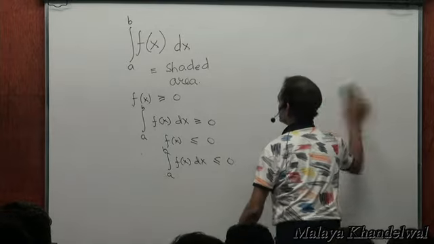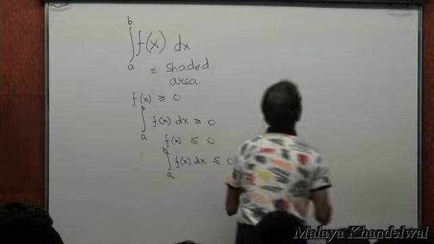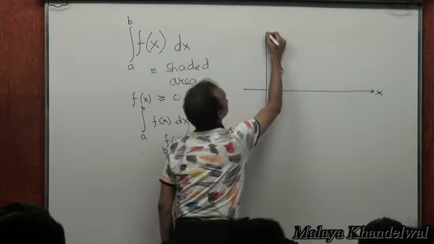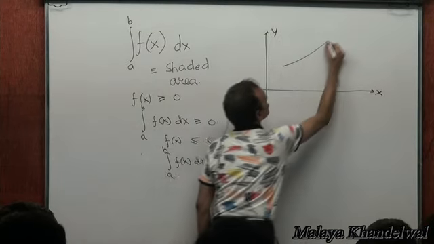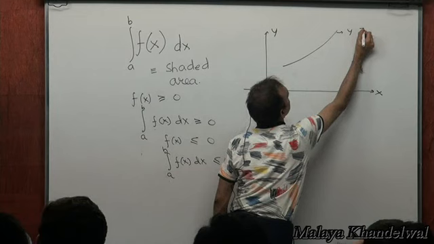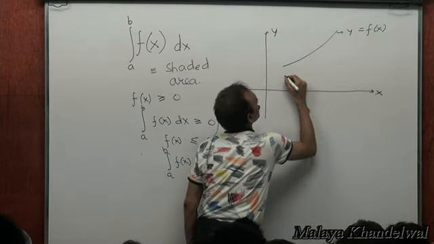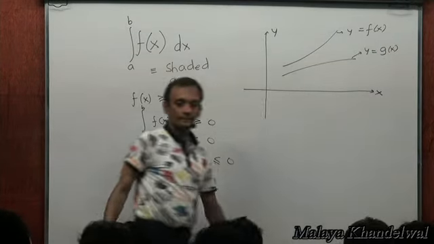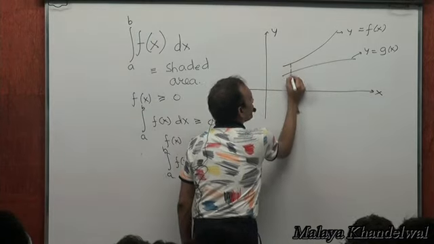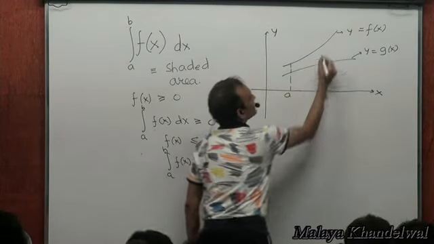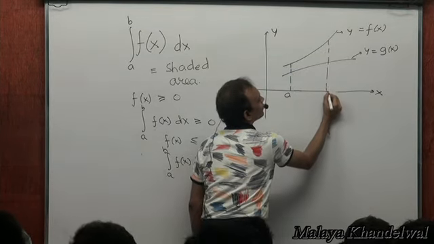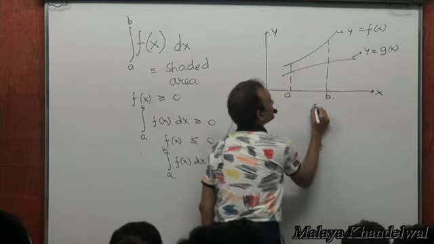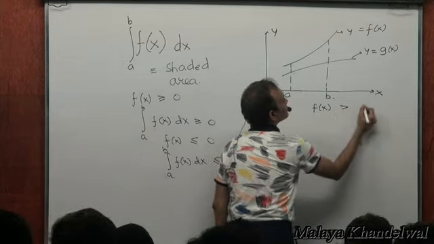Now, if in a given interval, say this is the graph of y equal to f(x), and this is the graph of, say, y equal to g(x), between x equal to a and x equal to b, in the interval a to b, you realize that f(x) is greater than g(x).